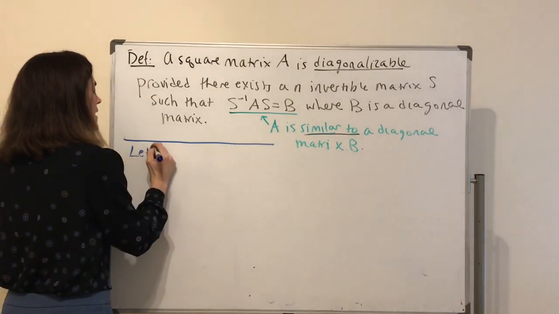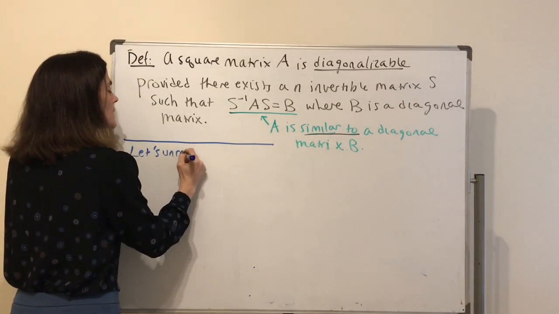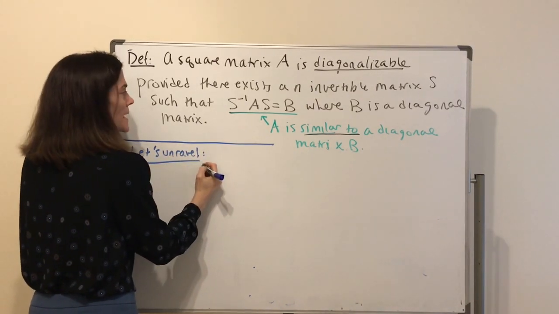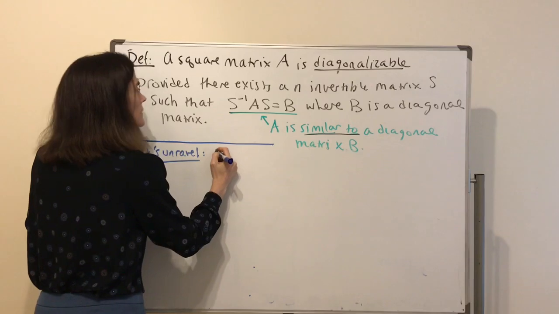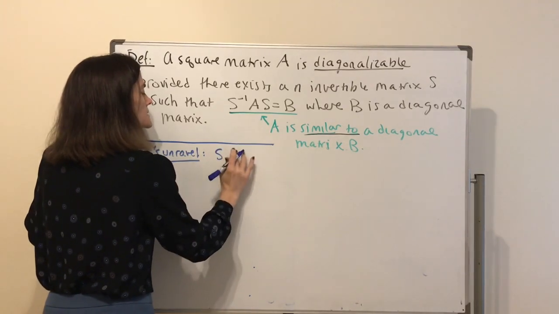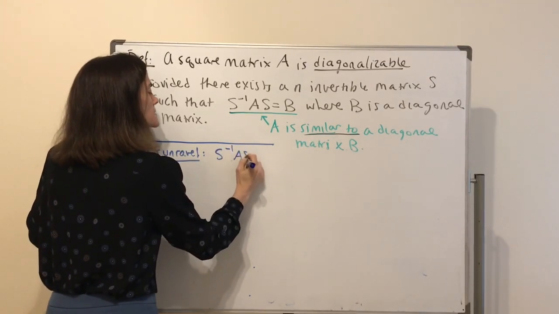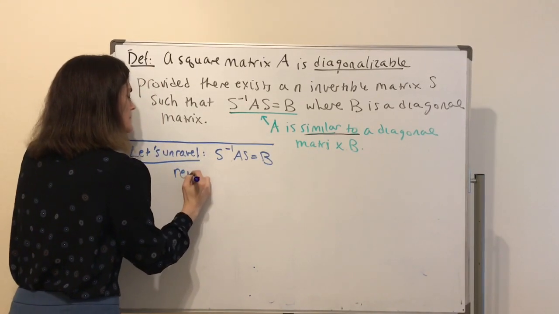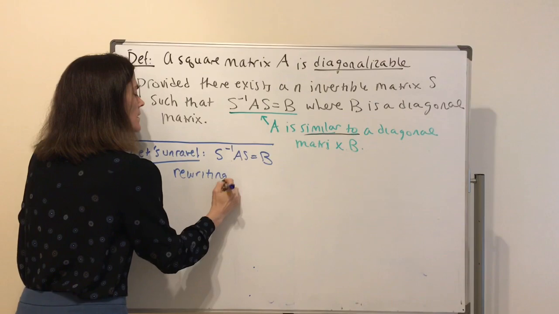Let's unravel what it means to be diagonalizable. So you have an n by n matrix A, and we have S inverse AS is B. We can rewrite this as follows.